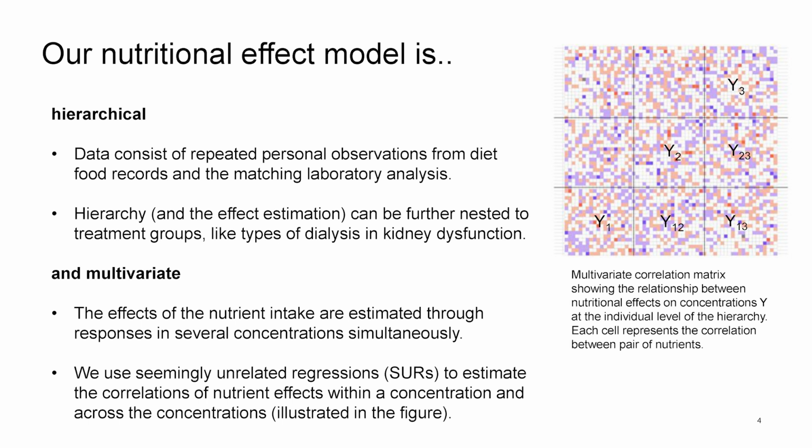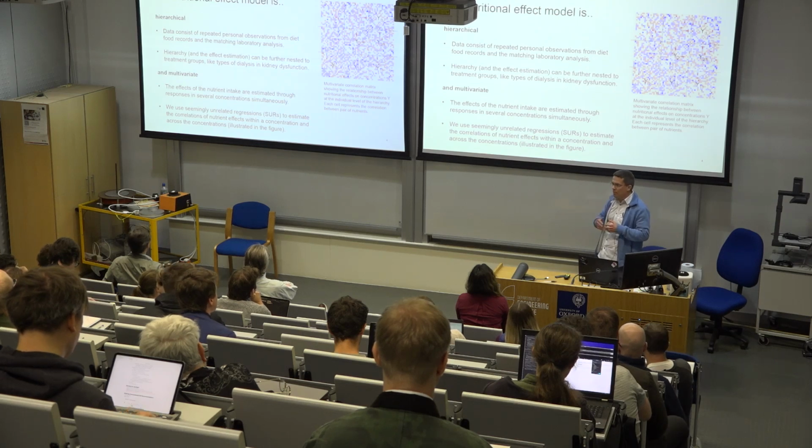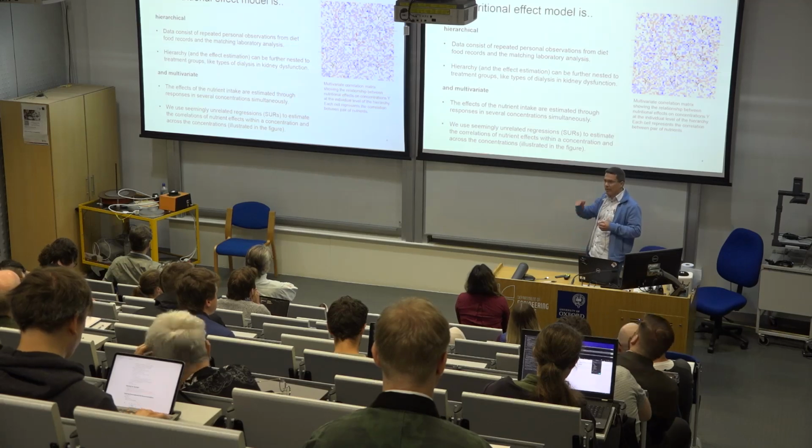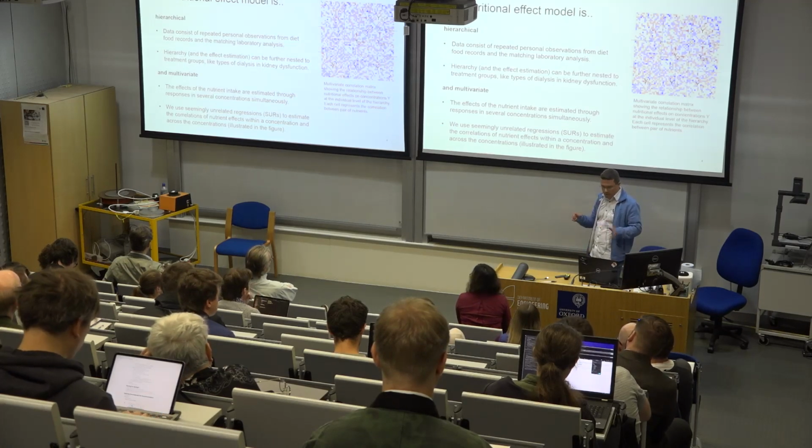That's a hierarchical model. The data we use consists of repeated measurements, personal measurements from food records, and the matching laboratory results of those concentrations. And that forms the personal level of the model or the hierarchy. But the hierarchy can be nested to treatment groups, like the type of dialysis for the kidney patients that we study.